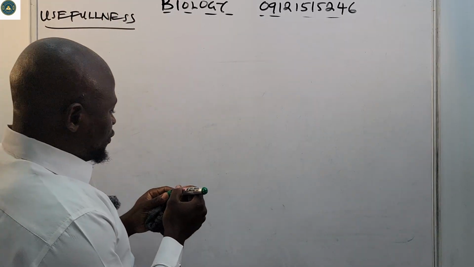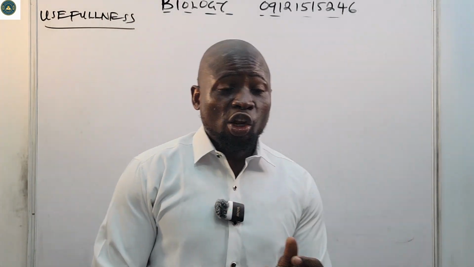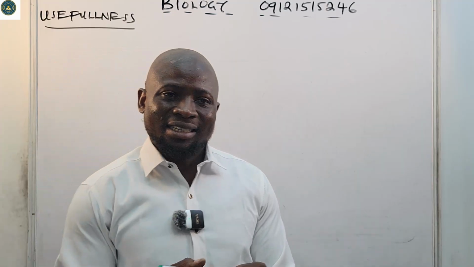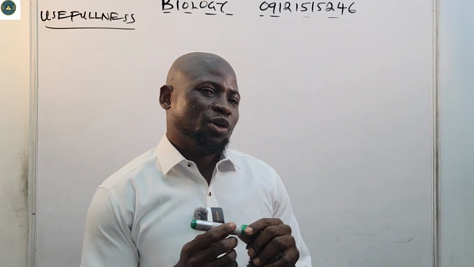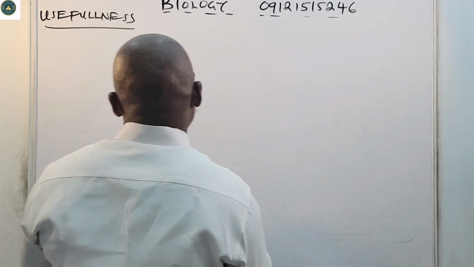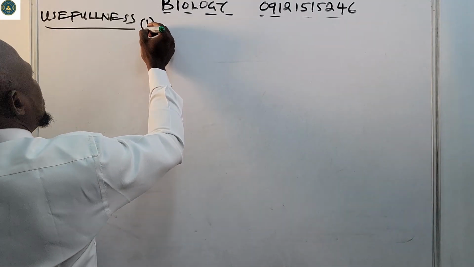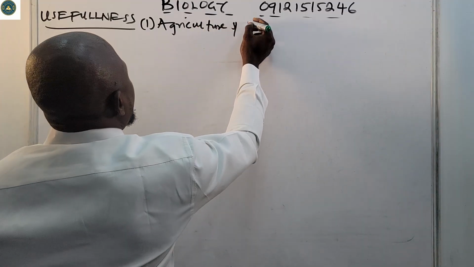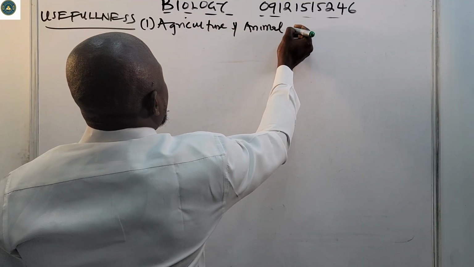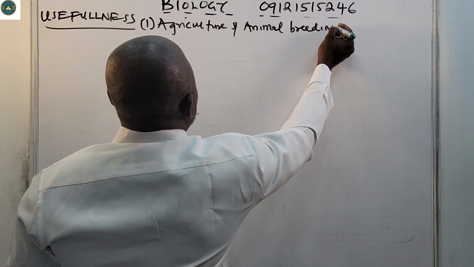Now, one of the usefulness of the law of independent assortment is in agriculture and animal breeding. Number one, in agriculture and animal breeding.